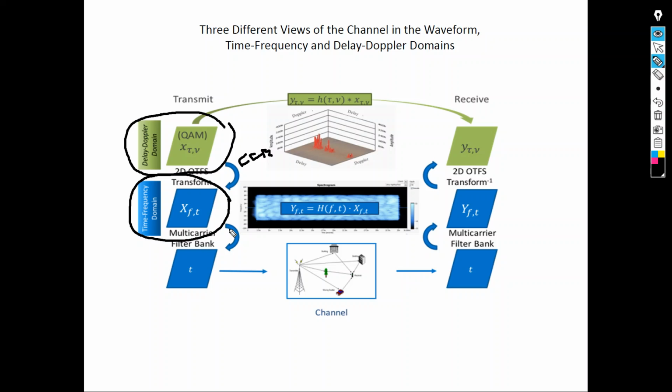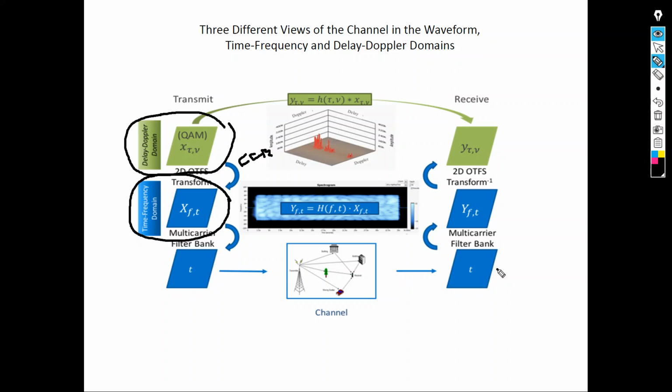And then you have the time frequency domain, and after that, what do you get? After that, you transfer it to time. It becomes a multi-carrier filter bank kind of, and you transmit the symbols one by one over the channel.